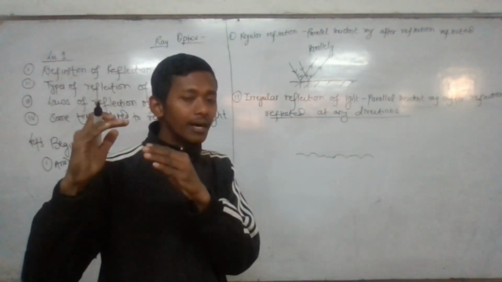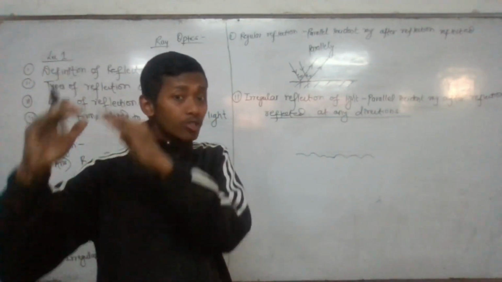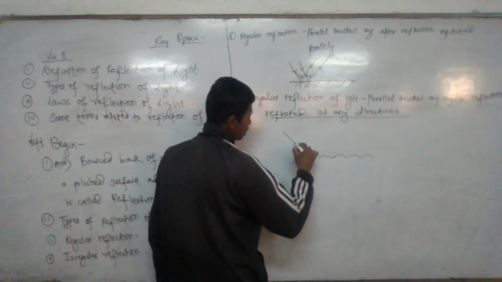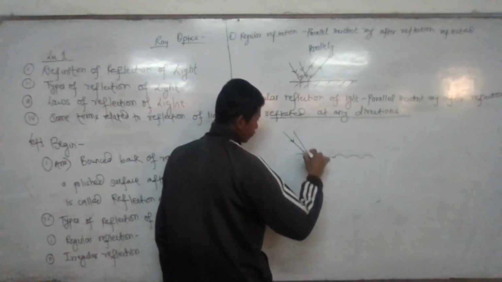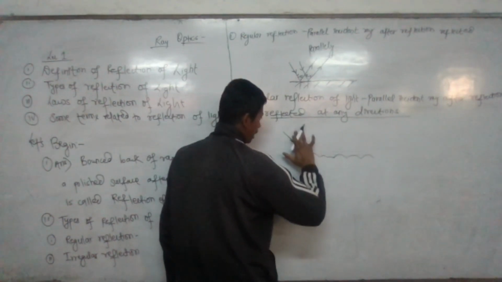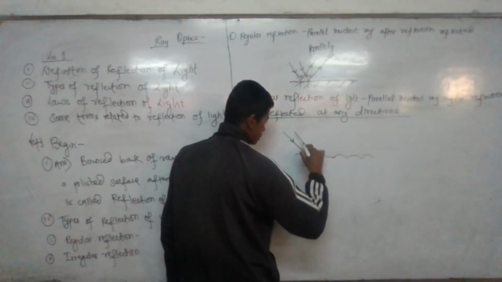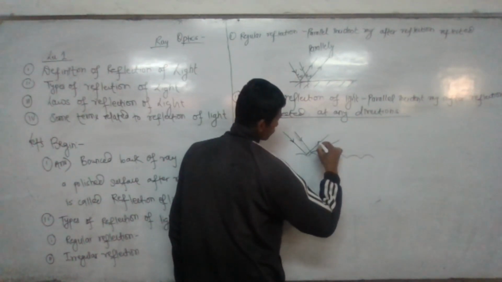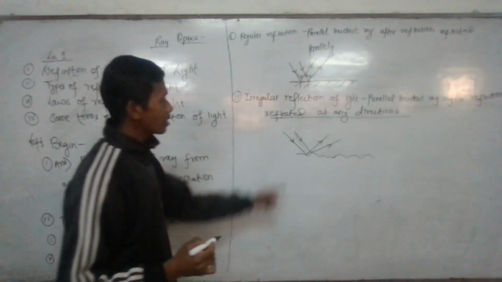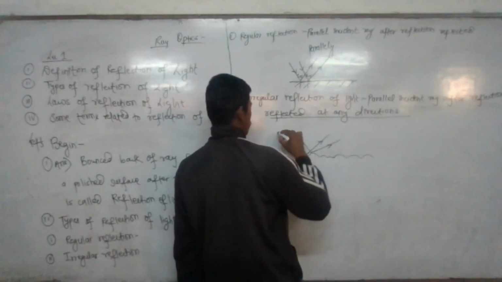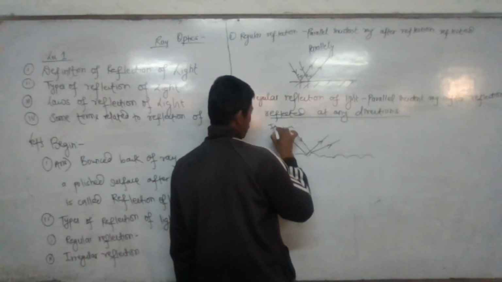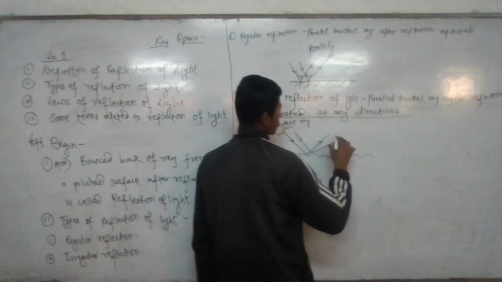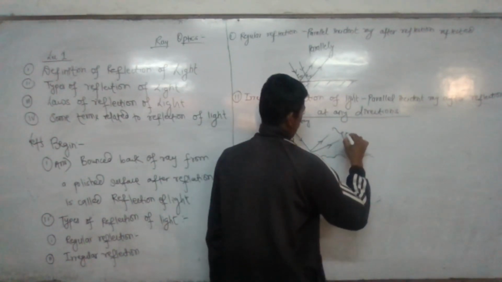We are talking at the molecular level; you won't see this type of surface normally, you will see a totally plain surface. But at the molecular level in an irregular reflector, the molecules are up and down. So whenever a parallel incident ray enters the reflecting surface, after reflection it is reflected in any direction. This is the incident ray, and this is the reflected ray.